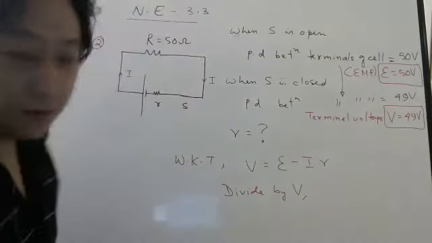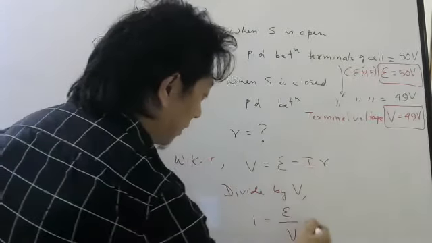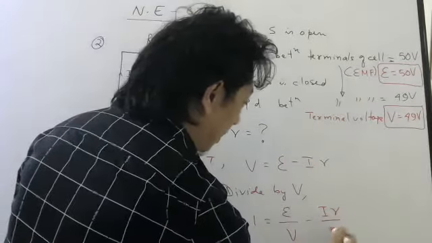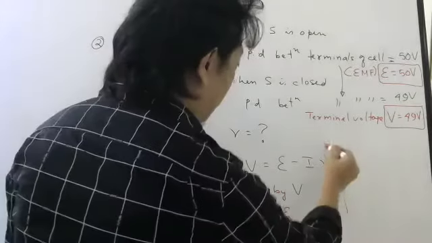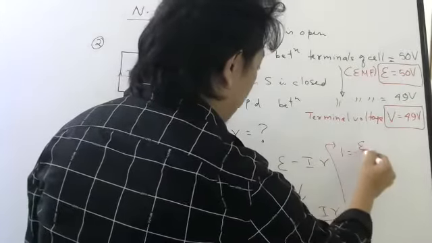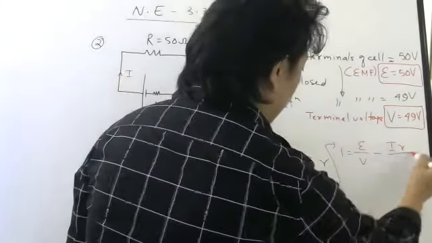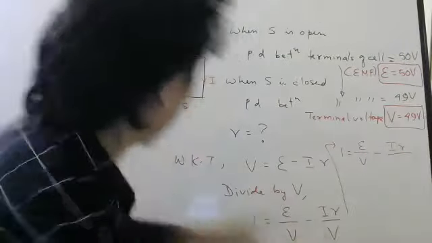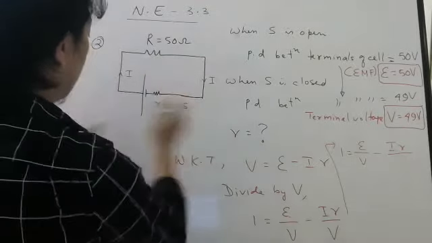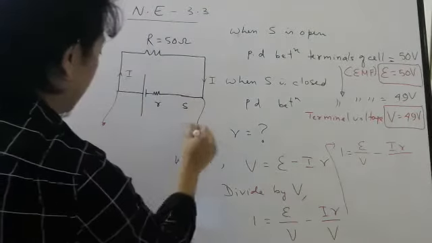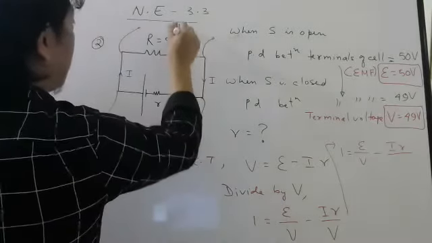If you divide by V, 1 equals E by V minus I into small r divided by V. Now, this V I can also write using this resistor, because once it is closed, terminal voltage and potential difference here should be the same.